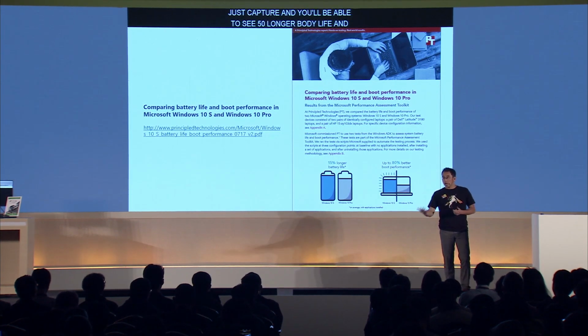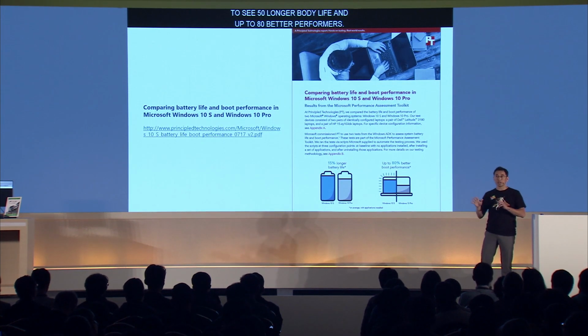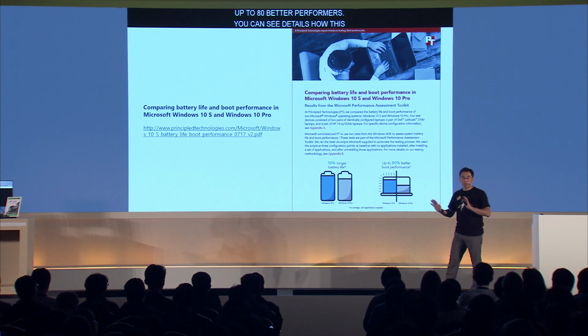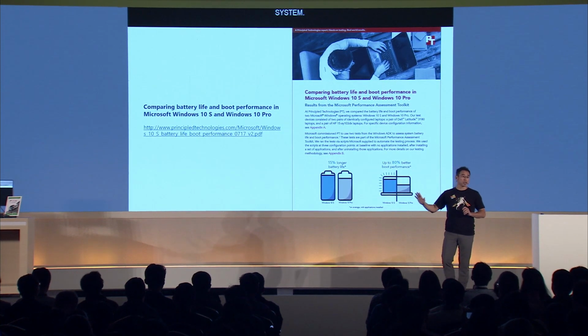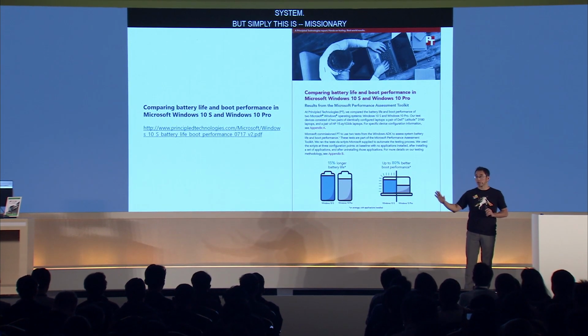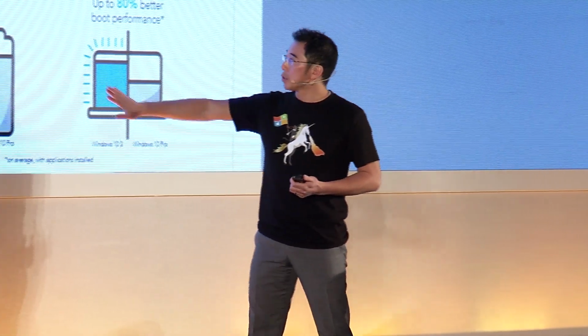You can see the details of how this research compared the systems, but basically it compares Store applications versus third-party Win32 applications with an updater. Sometimes an application has its own updater, and this updater keeps checking for updates on their website. Because a UWP application doesn't do that, we have 50% longer battery life and 80% better boot performance. So please check this link to see the details.